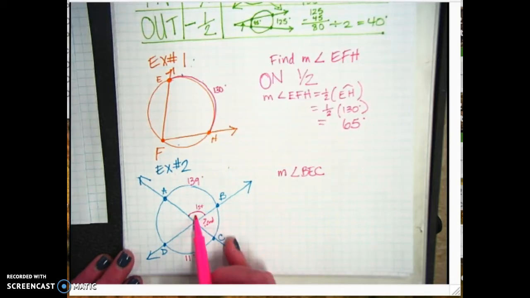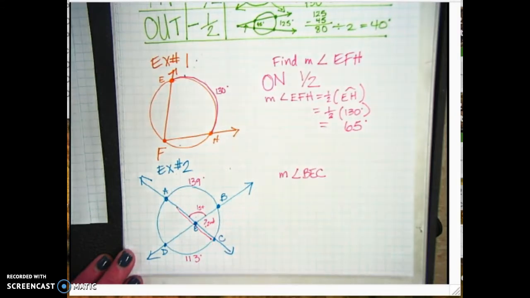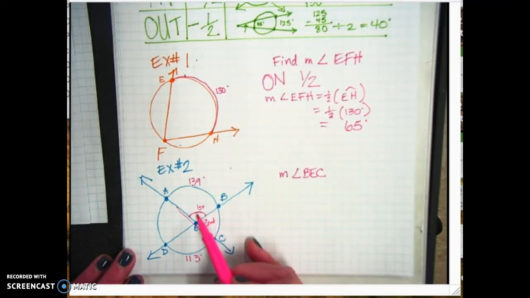Okay? So if we get this angle first, then we notice that this makes a what? A straight line. And so a straight line is going to be how many degrees? 180. So if we get this one first, then we just subtract it from 180 and we'll be able to get the second one. Okay? But let's do this one first.